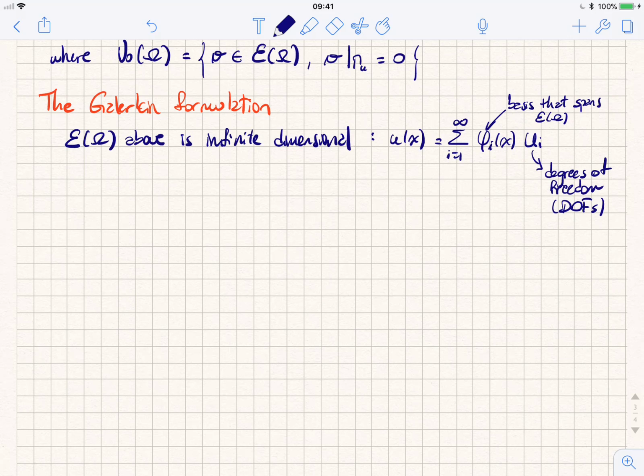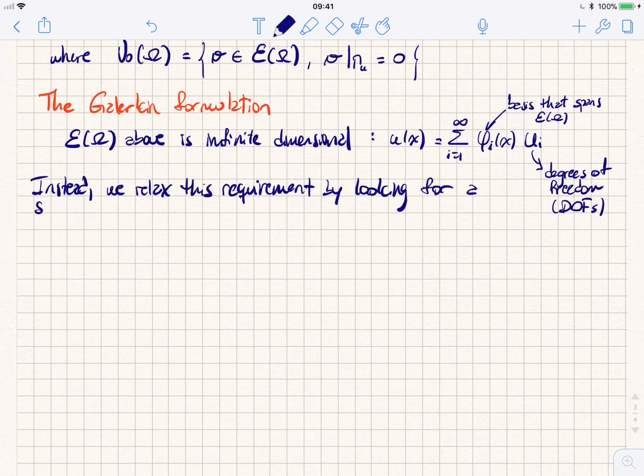Okay. Now, instead of doing this, we relax that requirement by looking for a solution in a finite dimensional space.